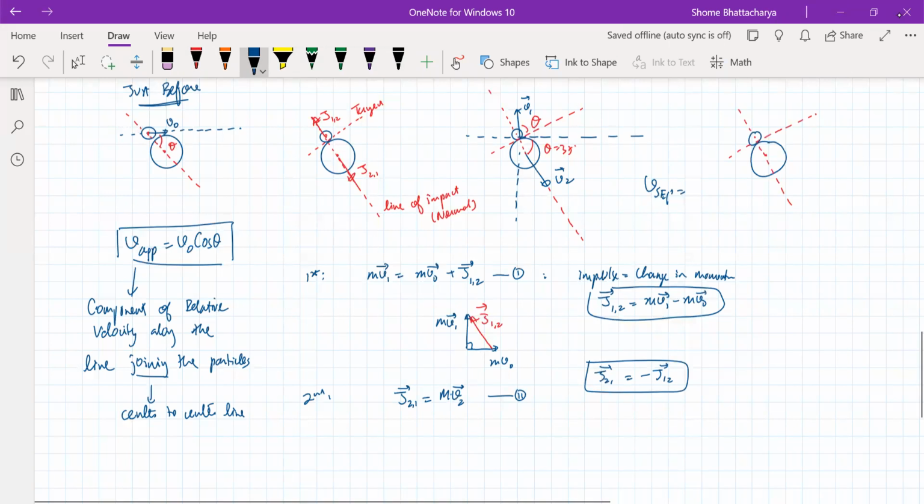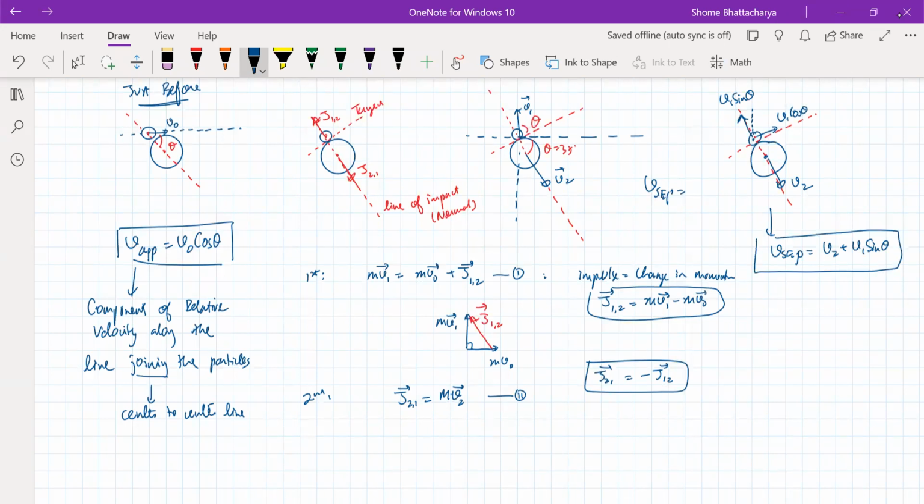V1 is in this direction. From this diagram, you can see V1's components: V1 cos theta in this direction, and V1 sin theta in this direction. Along the center to center line, V1 has a direction opposite to V2, toward the center of the other one. So the separation velocity is V2 plus V1 sin theta. Is this clear?